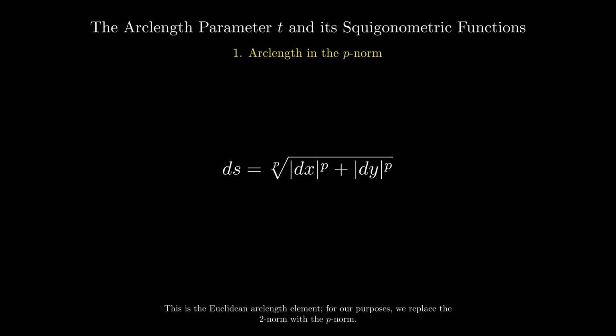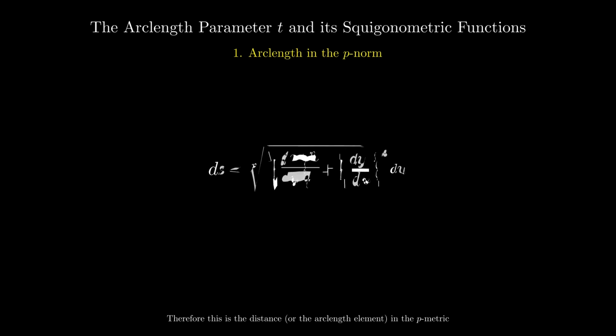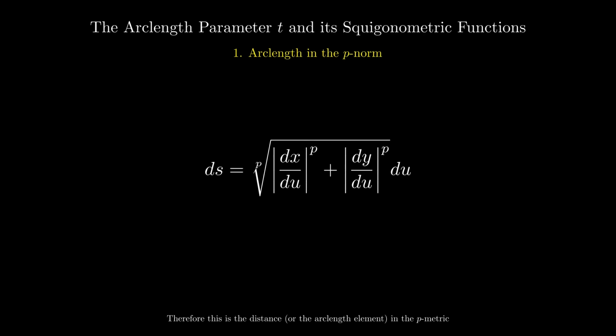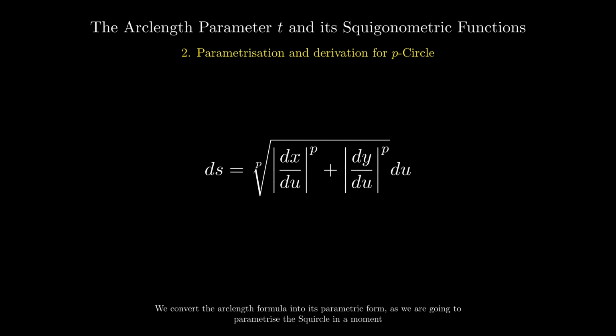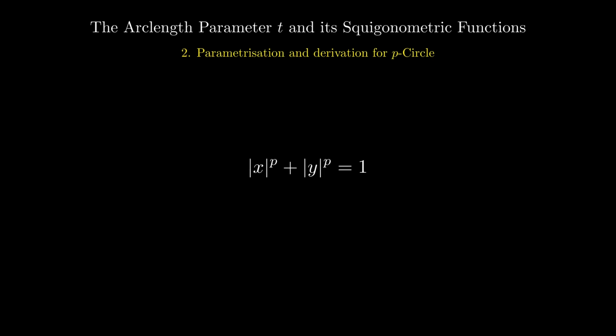Also, you may have come across the formula for the infinitesimally small arc length ds when the curve is in parametric form. This is the generalization of this formula for the p-norm. We'll use that. Let's go ahead and write our defining equation for the squircle into its parametric form. This actually parametrizes the squircle for the first quadrant when u is between 0 and 1.